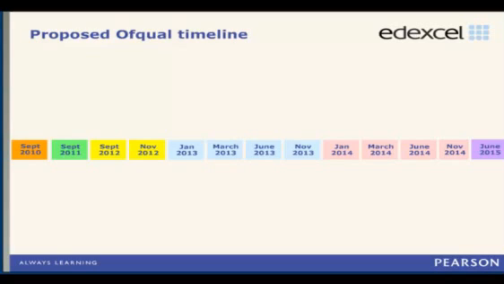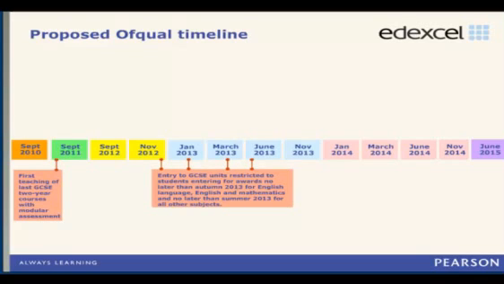So if we just look through this timeline to begin with, then the first point to make is that the first teaching of the last GCSE two-year courses with modular assessment started in September 2011. Entry for GCSE units was restricted to students entering for awards no later than autumn 2013 for English language, English and mathematics, and no later than summer 2013 for all other subjects.